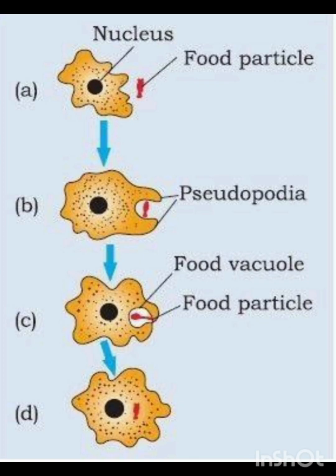Within a food vacuole, the digestive juices act on the engulfed food to break it down into simpler substances that are absorbed by the amoeba. The undigested and unwanted substance is thrown outside the body through the vacuole.